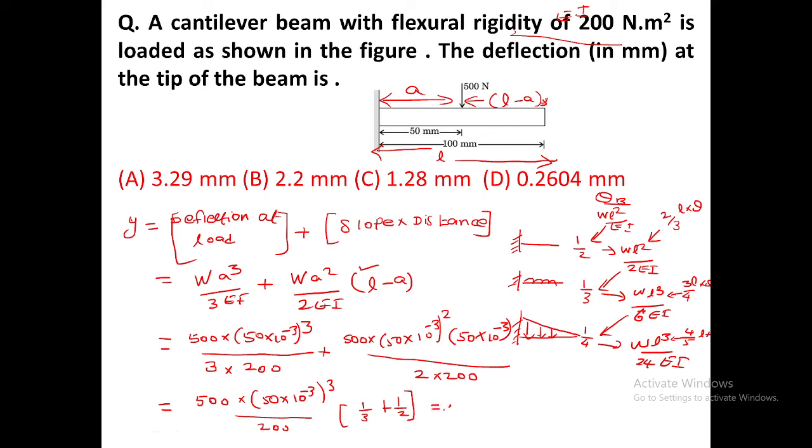So the answer of this one is 312.5 into 10 power minus 6 into pi by 6.